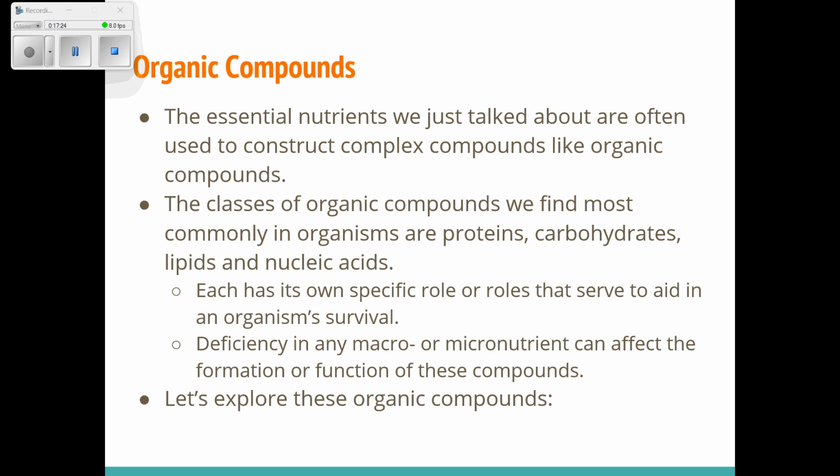Proteins, that's going to be a lot of the meat you eat. Carbohydrates, we get those from vegetables, fruit, grains. Lipids, that's fat, and nucleic acids we'll talk about. So each has its own specific role, and they help us survive. Deficiency of any one of these can affect the formation or function of the compound.